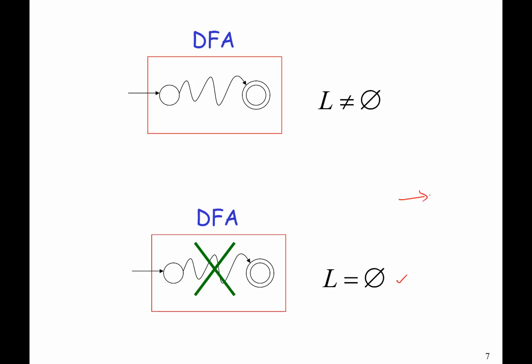Lambda means the language L contains the empty string. We're not talking about the empty string, we're talking about the empty set. So if the initial state is not a final state and there is no path from the initial state to any final state, then the language is empty.